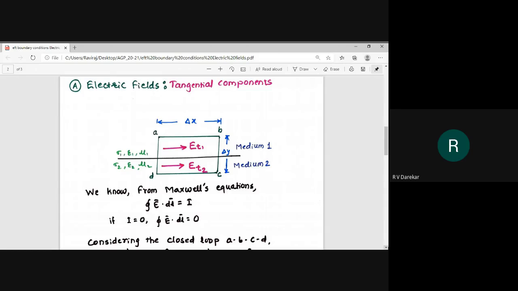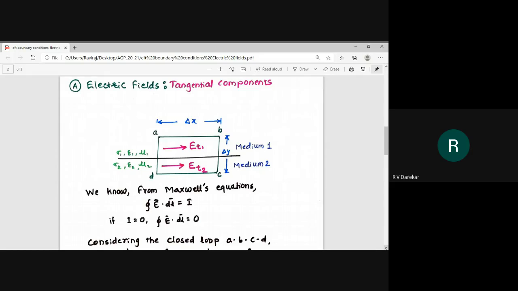Here T indicates the tangential component and N denotes the normal component. Therefore, whenever medium 1 and medium 2 are separated by the black line as shown here, ET1 and ET2 are the tangential components.